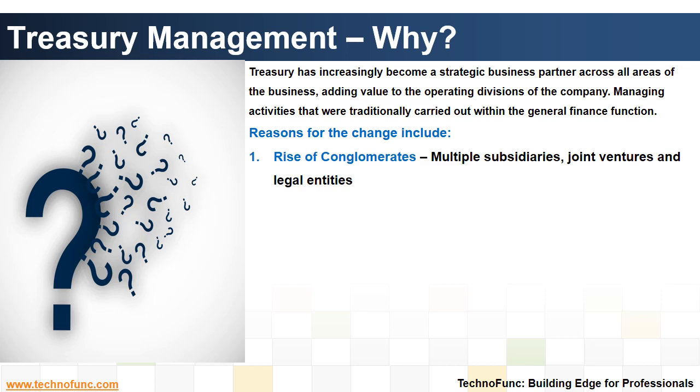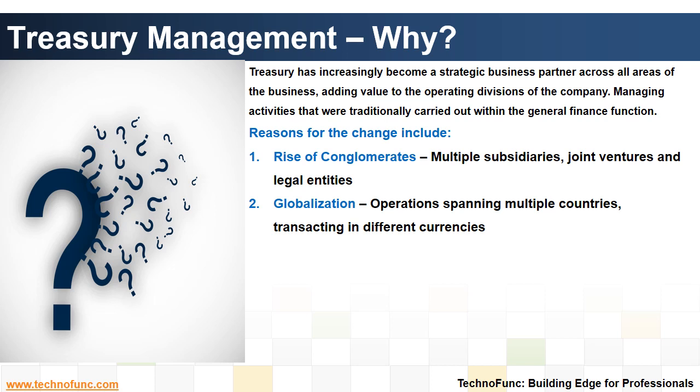They have complex operating structures having multiple subsidiaries, cross-border joint ventures and many legal entities that make having an enterprise view a mammoth task. Globalization. These conglomerates have their operations spanning multiple countries and they are exposed to many types of financial and currency risks.